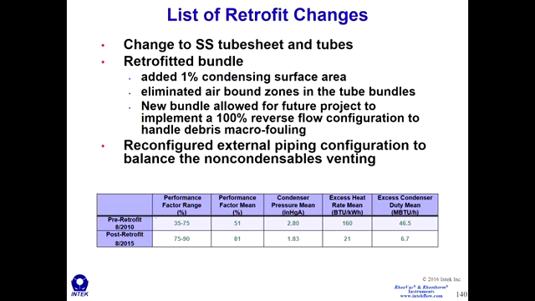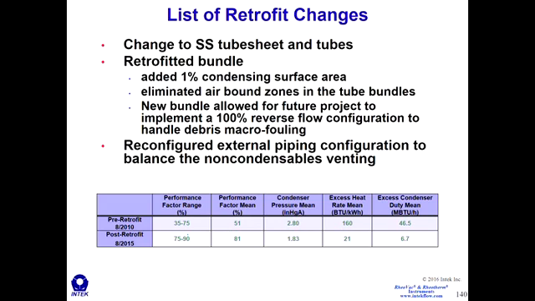And so here's the results down here. Pre-retrofit, the unit was fouling and air binding to the tune of operating all the way down to 35%, from 35 up to 75%. The mean performance factor over that time period was 50%. And the mean condenser pressure over that time period was 2.8 inches.